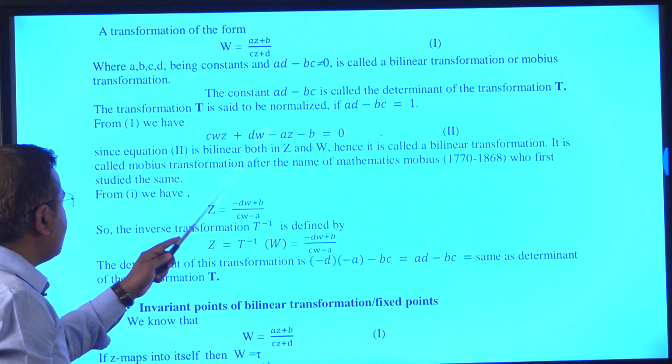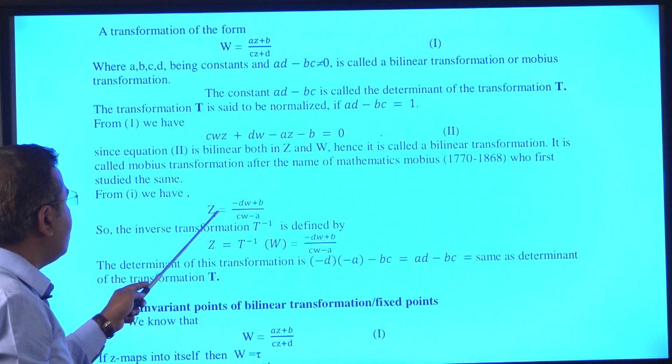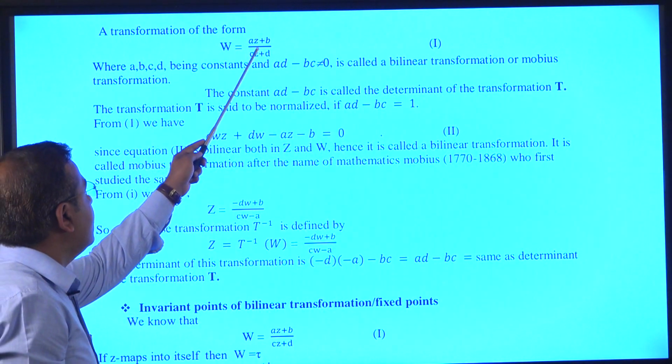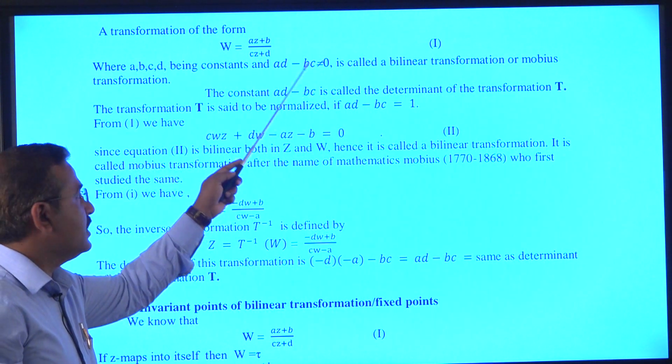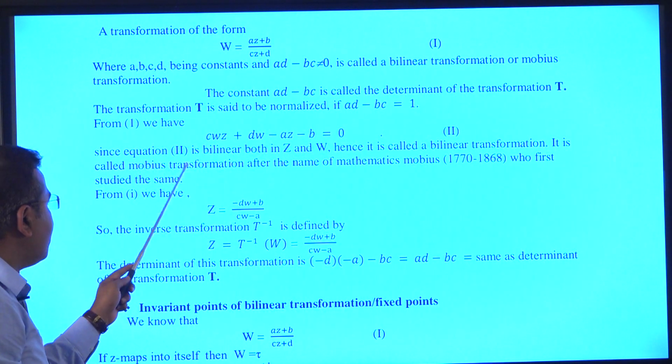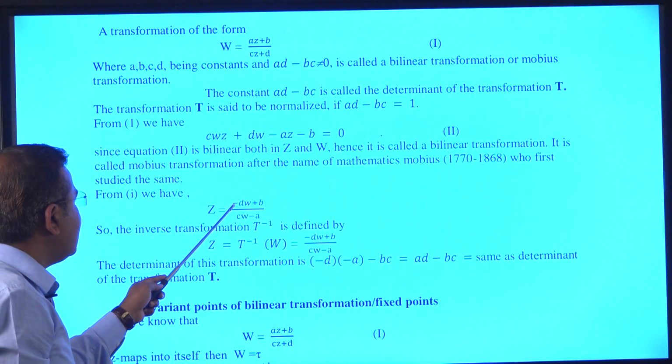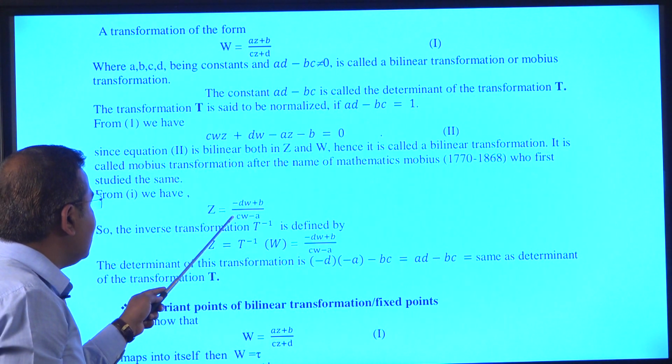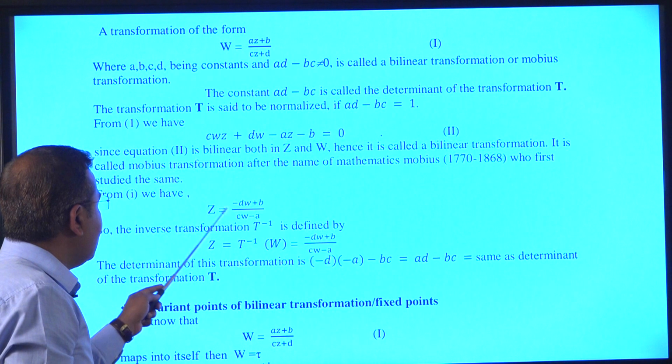Now from equation 1, when we evaluate the value of Z, it becomes Z equal to (minus DW plus B) divided by (CW minus A).